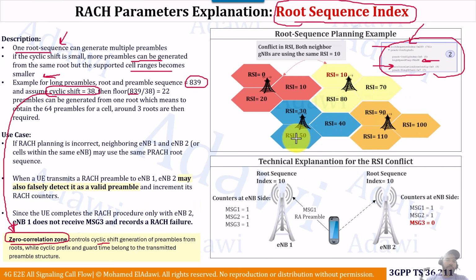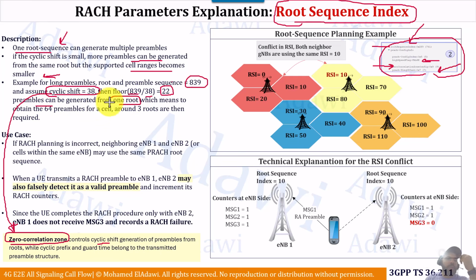Later on, I will attach an Excel file showing some of the planning calculations for RACH planning. For this zero correlation, for example, here equal to 9, this is equivalent to a specific cyclic shift. So here I'm assuming it's 38. So if you divide 839 by 38, it tells you that one root sequence can generate up to 22 preambles.